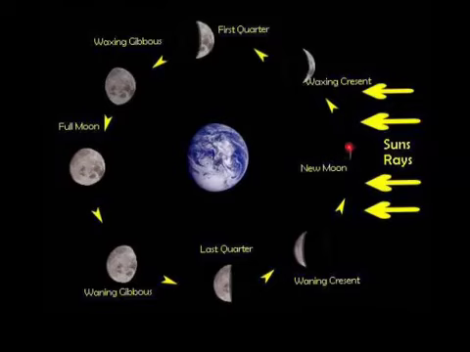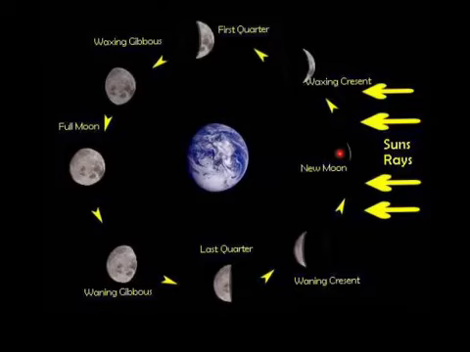Notice that we really don't see any part of the Moon because the side of the Moon that is facing the Earth is receiving no sunlight from the Sun, so we do not see it in our sky. And the new moon is out in the daytime, and we'll talk about rise and set in just a little bit.